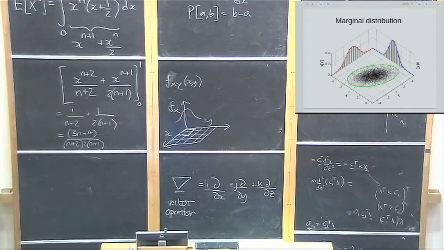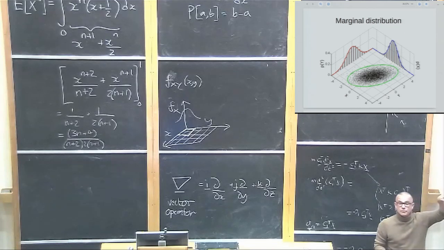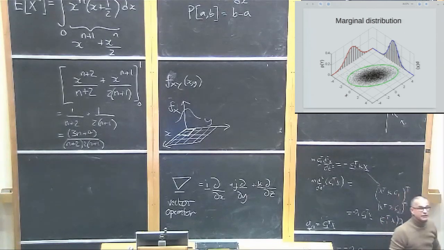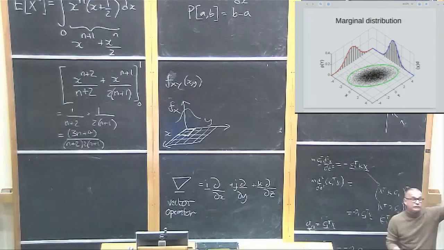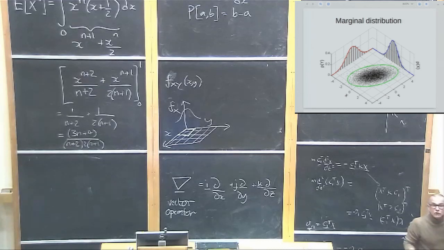If I could measure x and y, then I could know what the probability density function was. But often in an experiment you can only measure one of these variables, and in the limit that you have a large number of samples, you can only measure it in one of the variables.